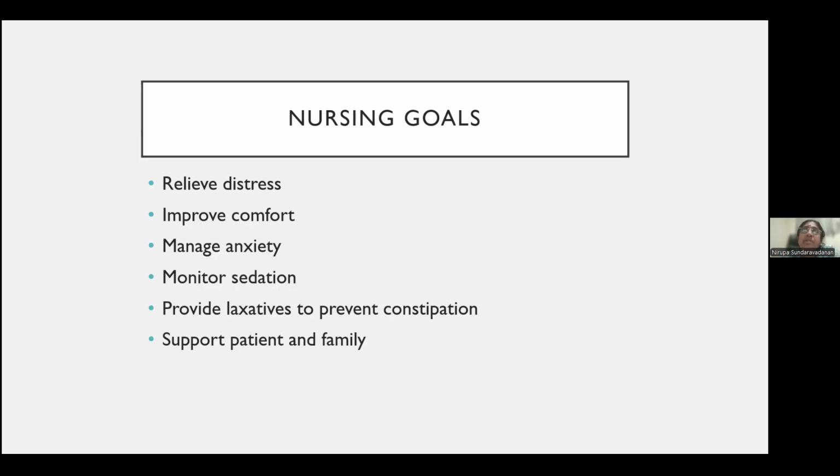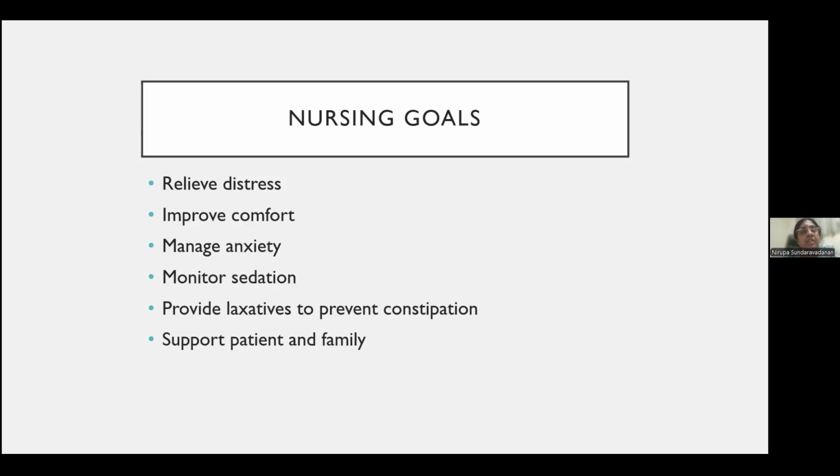But at the same time, we make sure that it's not going too high to reduce the depression or anything like that. Important supportive measures are to provide laxatives, because straining at stool could make the breathlessness worse. And last but not least, most important thing, reassure the patient, stay with the family, explain to them what's happening, and support them as much as possible.